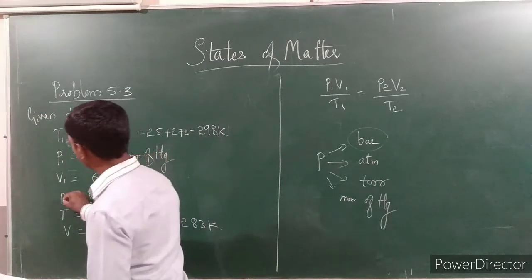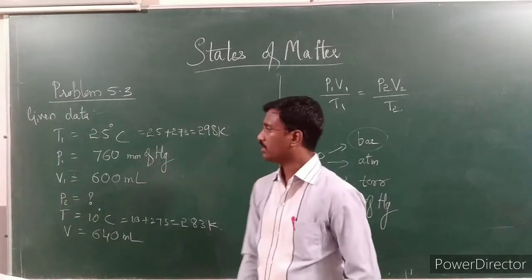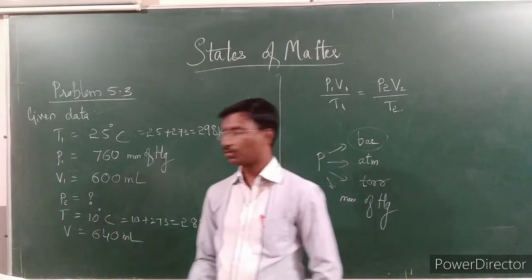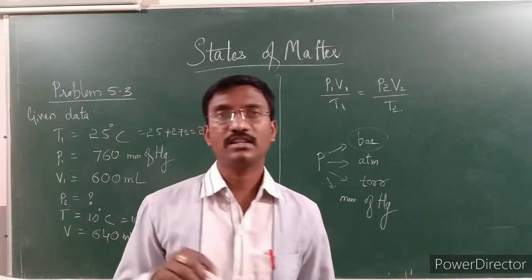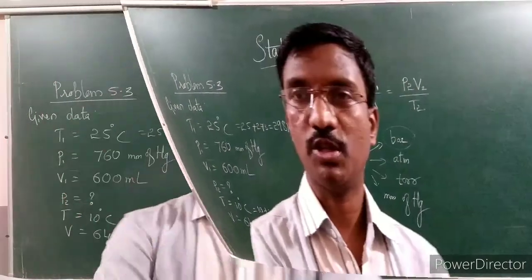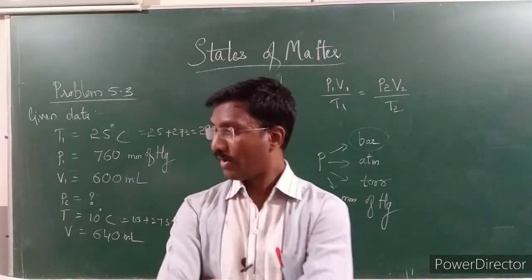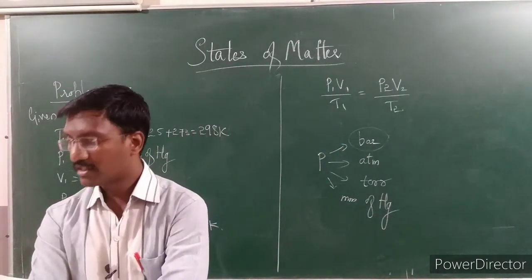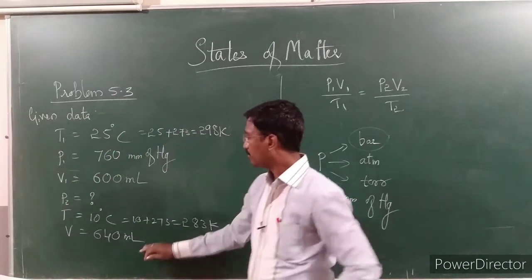The first terms are P1, V1, T1, and the next pressure, volume, temperature will be P2, V2, T2. They have asked us to calculate the pressure when the temperature is 10 degrees Celsius and the volume is 640 milliliter.